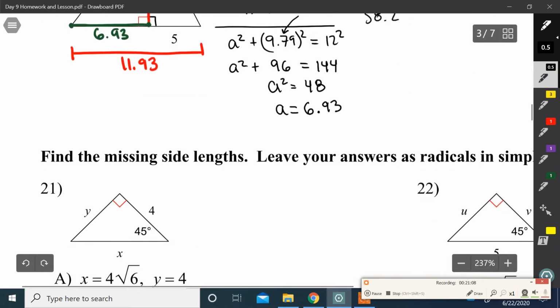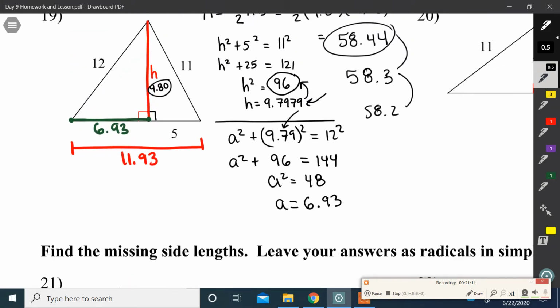And let me just verify that for you really quick. Yeah, so if you plug in 58.44, that should be a perfect answer.